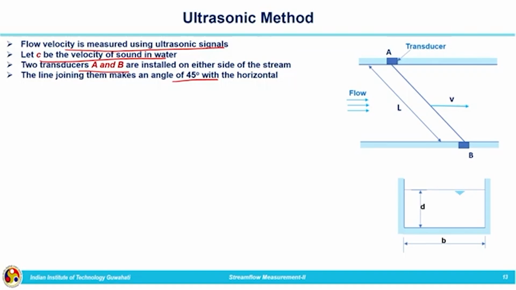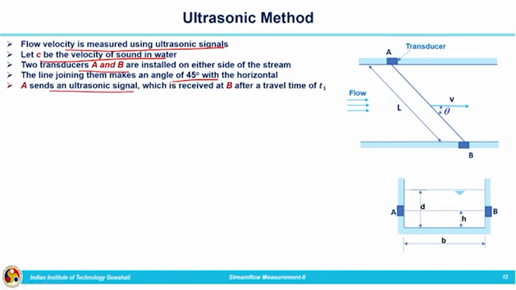The length between these two transducers is capital L and it makes an angle of theta, which can be 45 degrees, with the horizontal. They are installed at a water depth of h on both sides of the stream, at a depth of h from the bed.